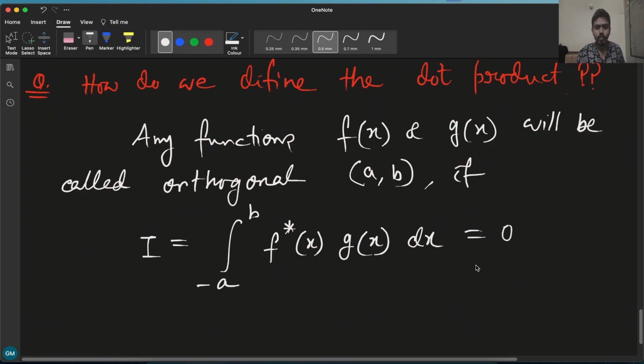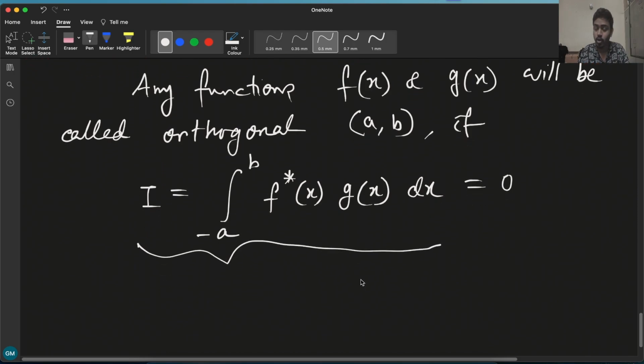Okay, so this is defined as the dot product between two vectors, between two functions.